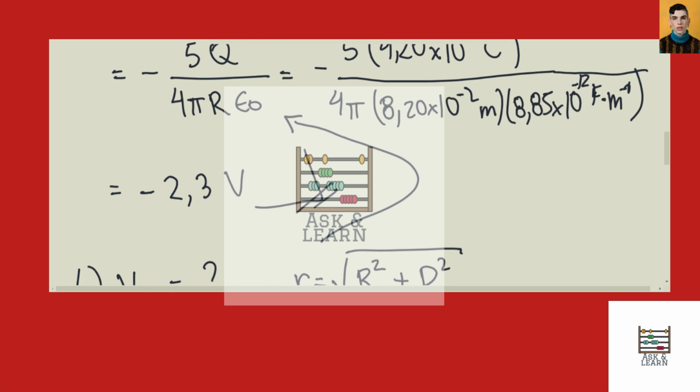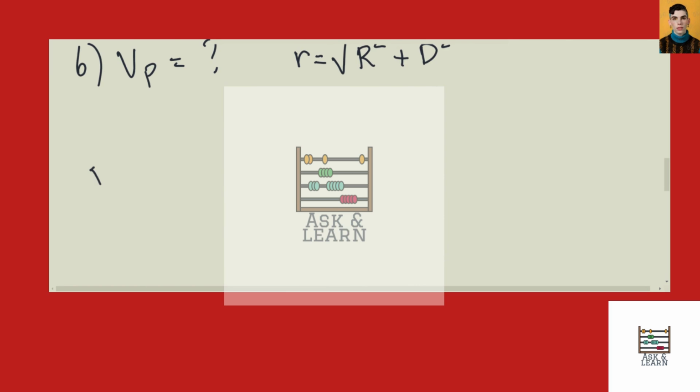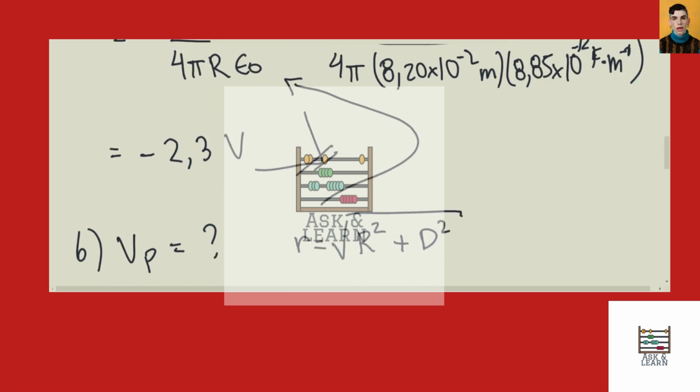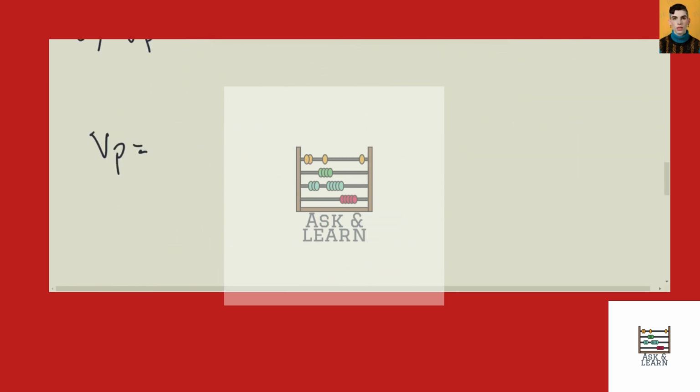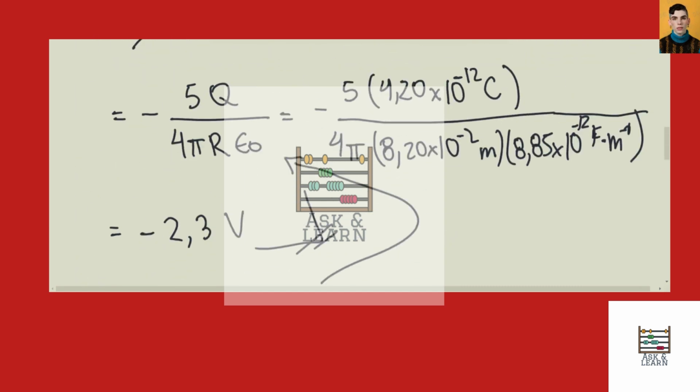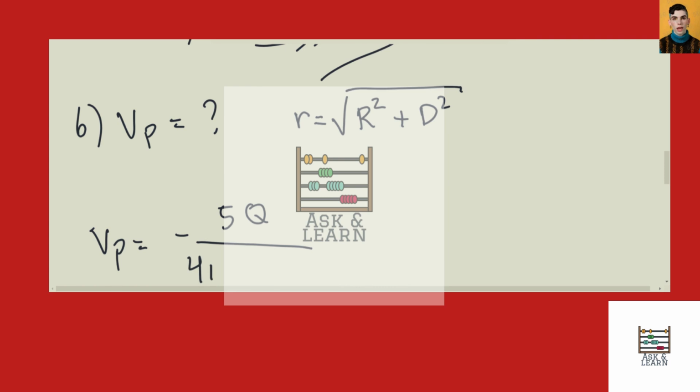We just need to change the value of the distance r. So it will be something like minus q over 4 pi, the square root of r squared plus d squared, times epsilon sub 0.